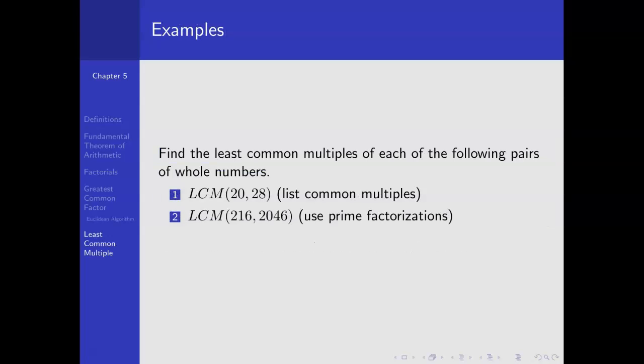Okay, examples. We're going to find least common multiples of these pairs of numbers. First one, the least common multiple of 20 and 28. We are going to do by listing common multiples, and then we're going to find the smallest one that comes up first.